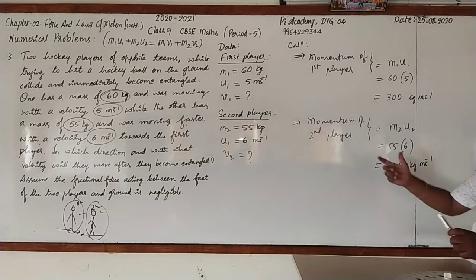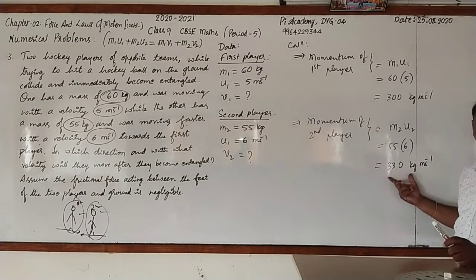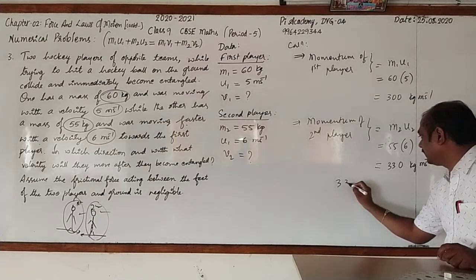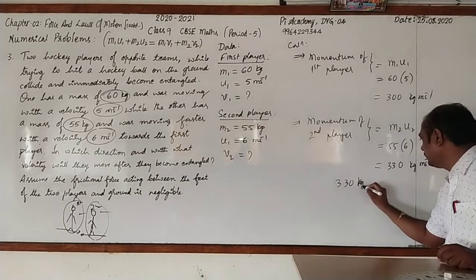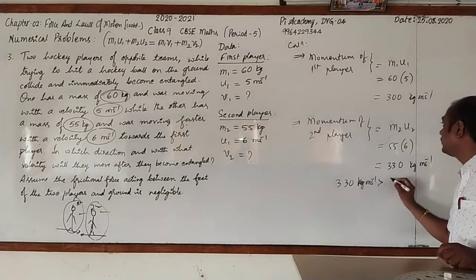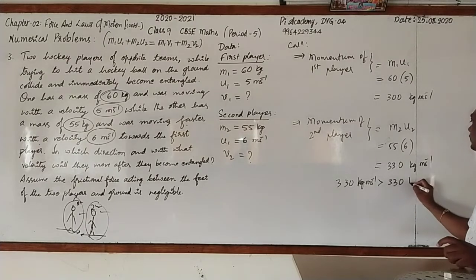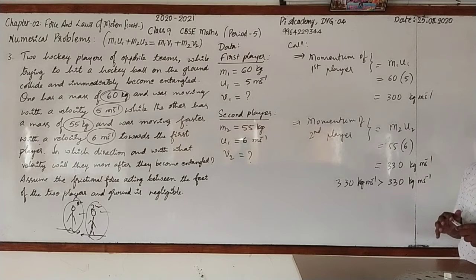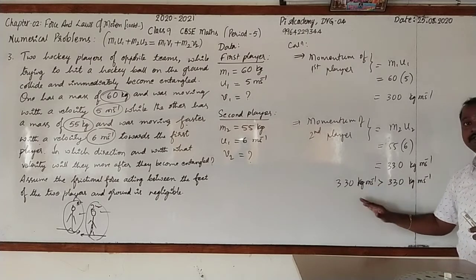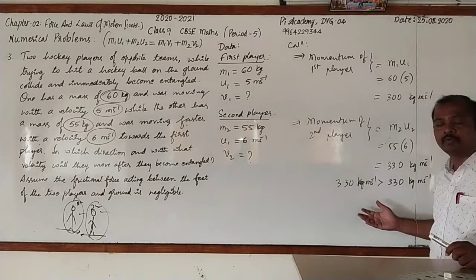Then see that the second player has more momentum. Here 330 kg meter per second is greater than 300 kg meter per second. Hence the impact produced by the second player will be more, right?